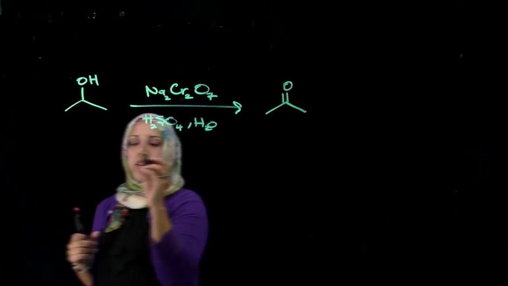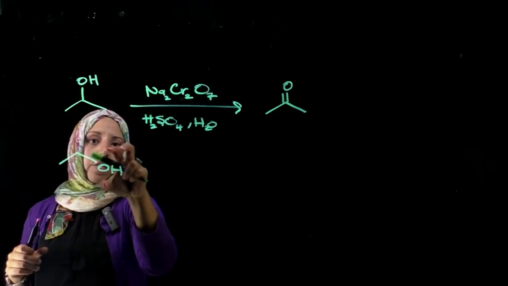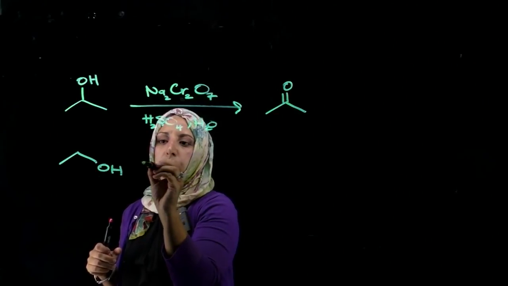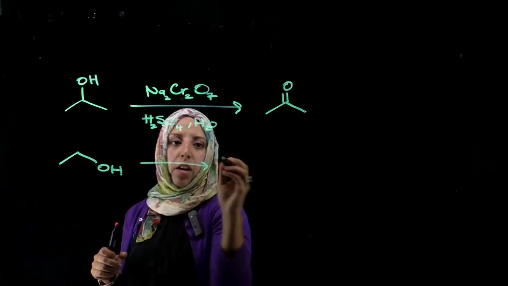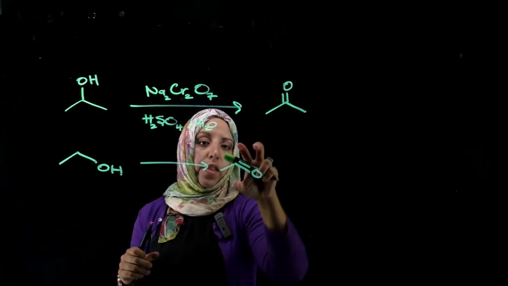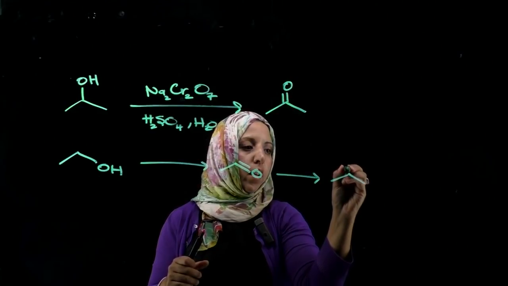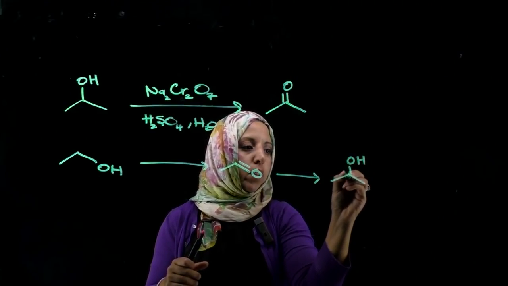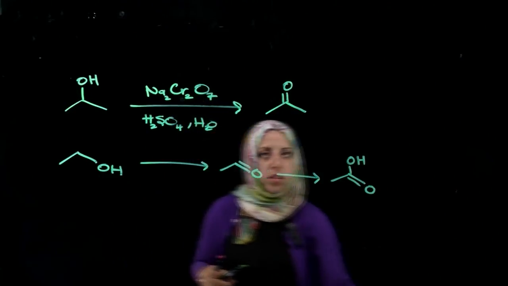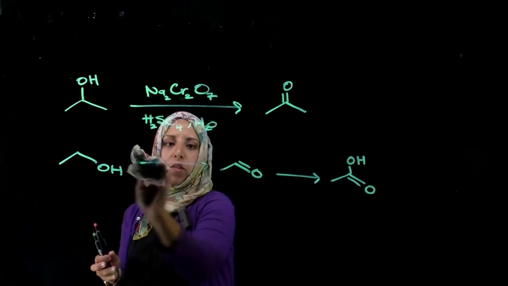If what you had instead is a primary alcohol, it is a strong enough reagent that it will oxidize that primary alcohol into an aldehyde, and then it will oxidize that aldehyde all the way into a carboxylic acid group. So it is a very strong oxidizing agent, right? If you have a secondary alcohol, you end up forming a ketone.